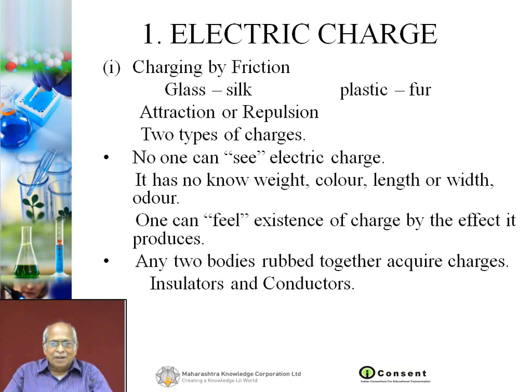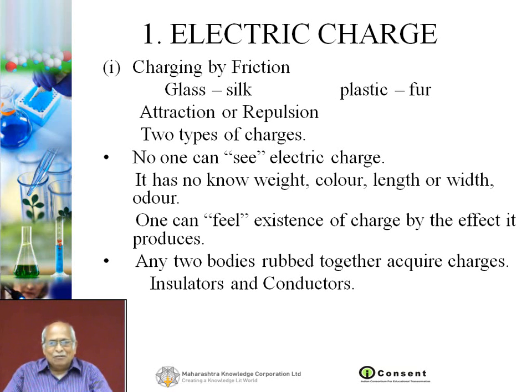Remember, charge can be produced on any body. Friction between any two bodies will produce charge. But then, why do we always think of glass rod or plastic rod? Yes, it is true that charge can be acquired by a copper rod or aluminum rod or any other. But then, we know copper, aluminum or any other metal is a good conductor.